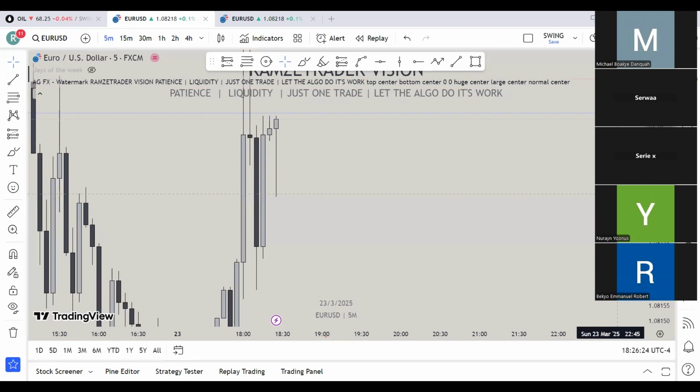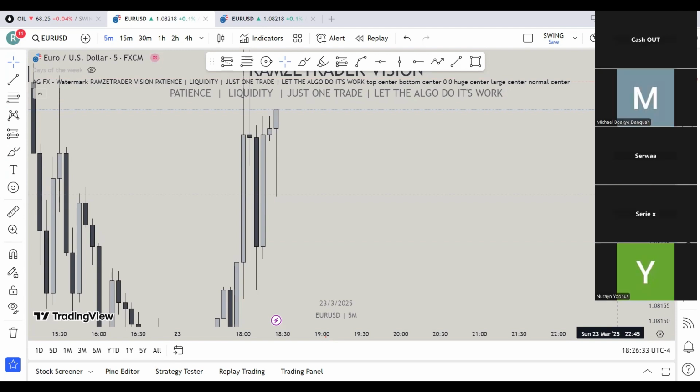Okay, we are going to see that the difference between these two is 0.00012, and that's 12 points.